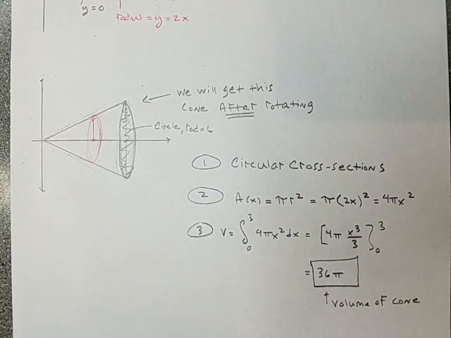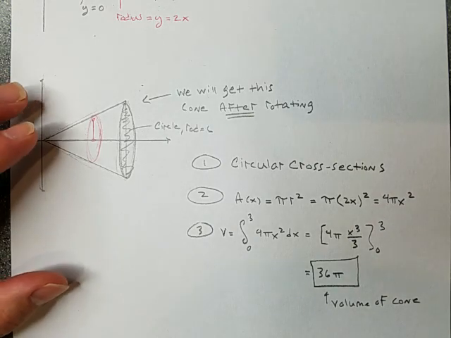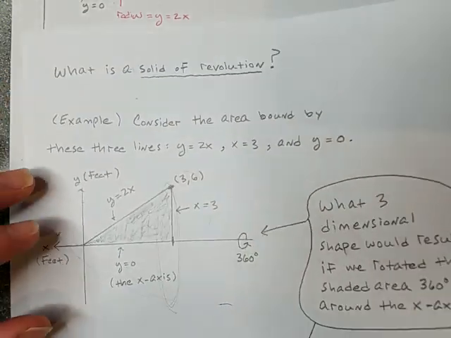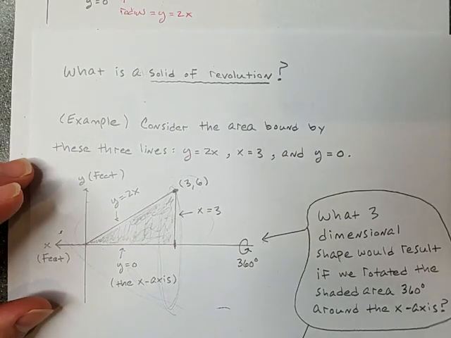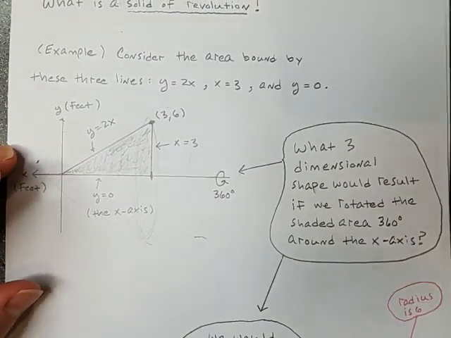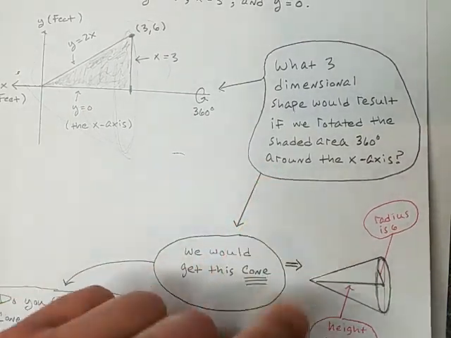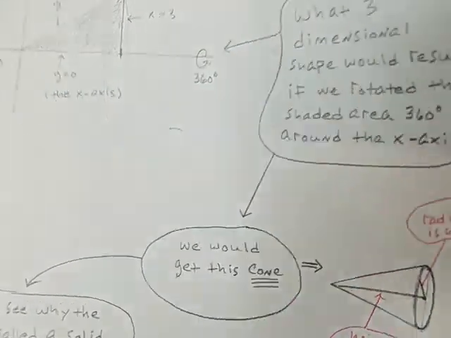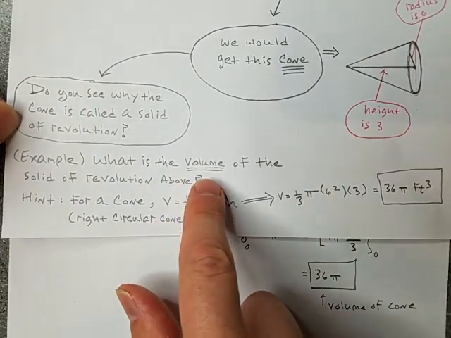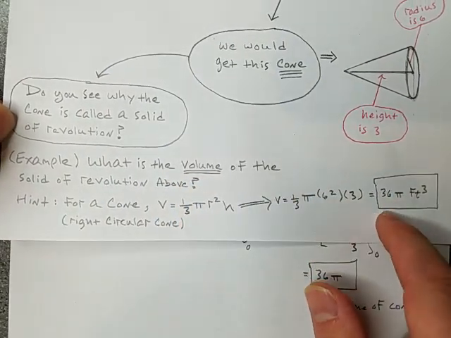Now, when I put this problem on paper originally, I was hoping that you thought it sounded familiar. This was the same problem that I started with. But when I started with this problem, I just wanted you to get the concept of a 3-dimensional shape and the concept of revolving. And as a bonus, I said, can you tell me the volume of it? We got 36 pi.